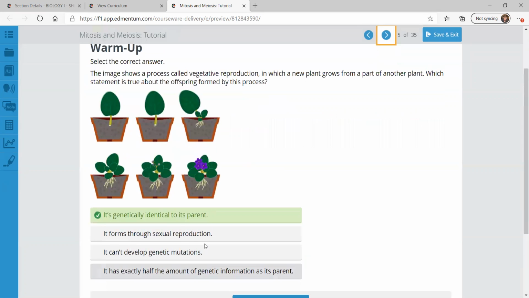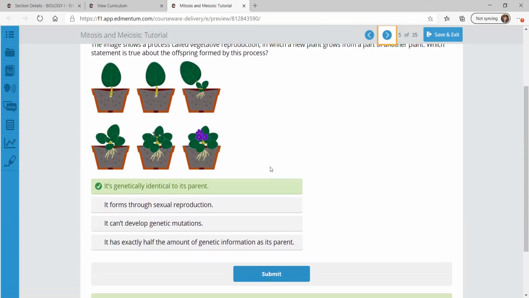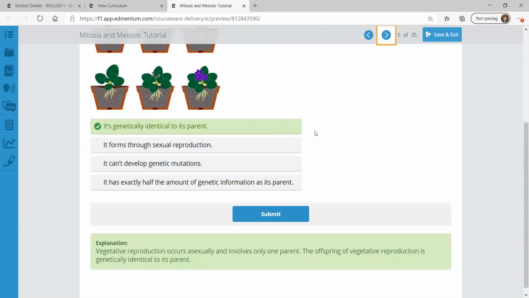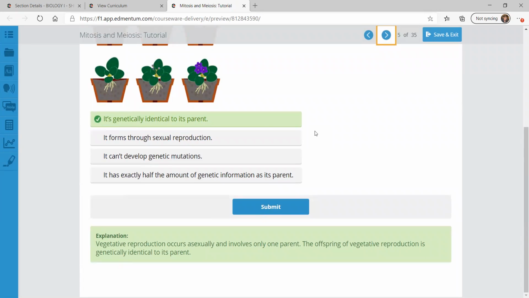And out of all of these options, it's genetically identical to its parent. So we're going to get into genetics. Vegetative reproduction occurs asexually and involves only one parent. The offspring of vegetative reproduction is genetically identical to its parent plant.